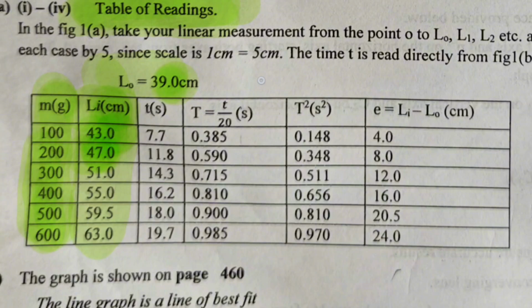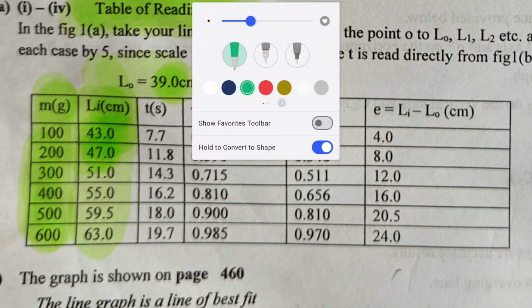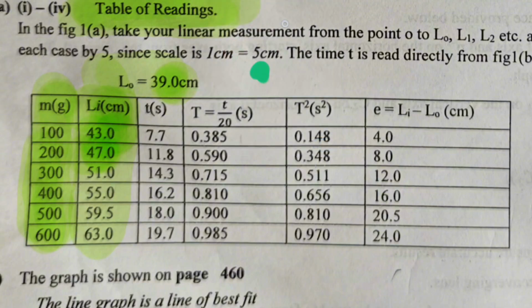Let me show you something quickly. Let me change my pen so that you see it clearly. If you are part of this class, please pay attention. Look at this. We have 0.385. What's the place value of this 0? Units, right? What's the place value of this 3? Tenths. This is hundredths.